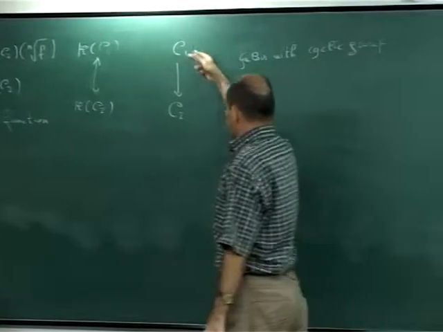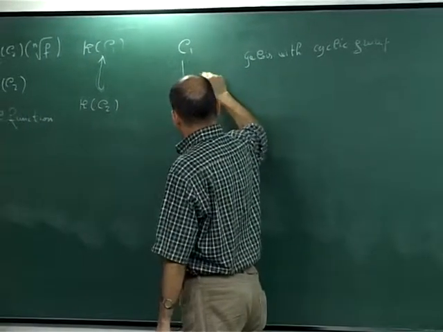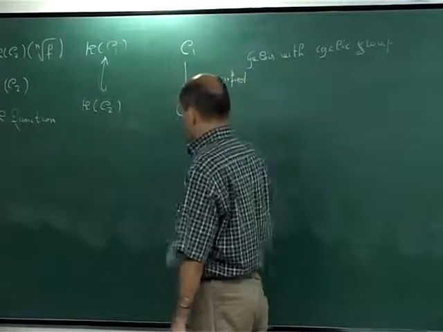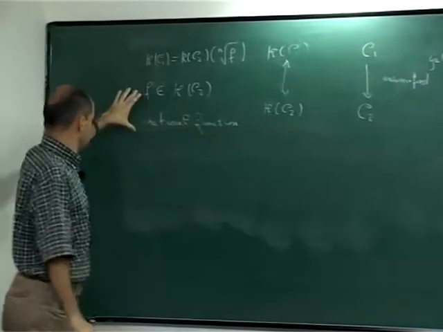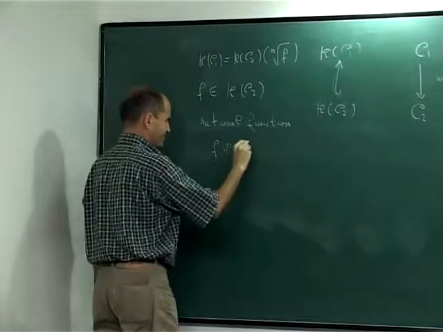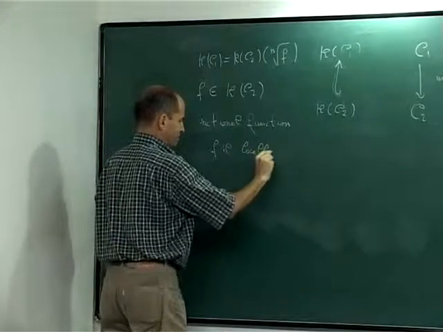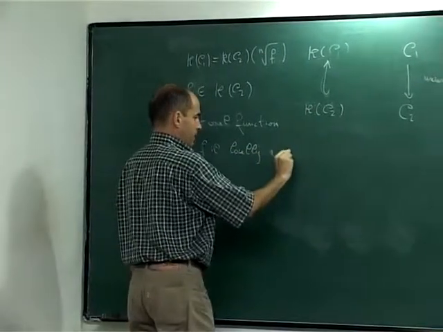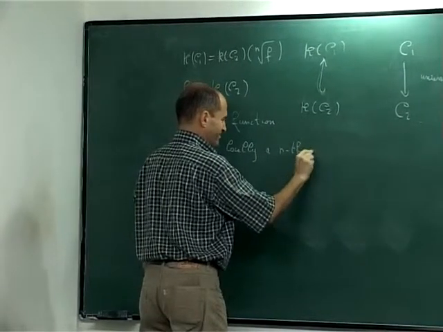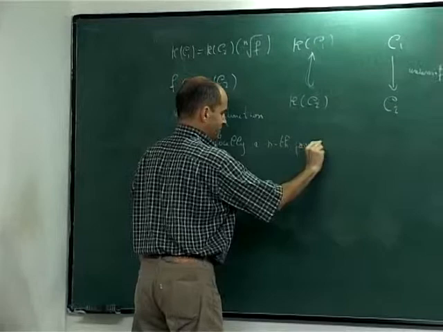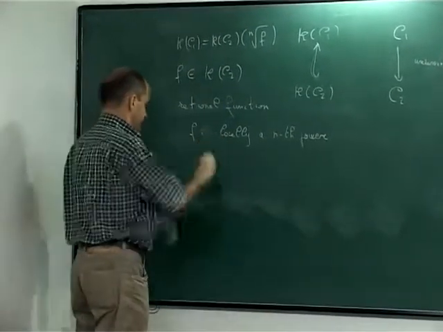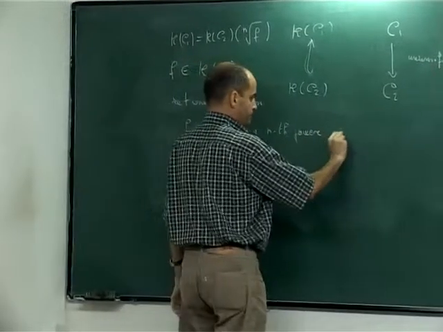And the fact that this cover is unramified means exactly the following fact, that F is locally an nth power everywhere.